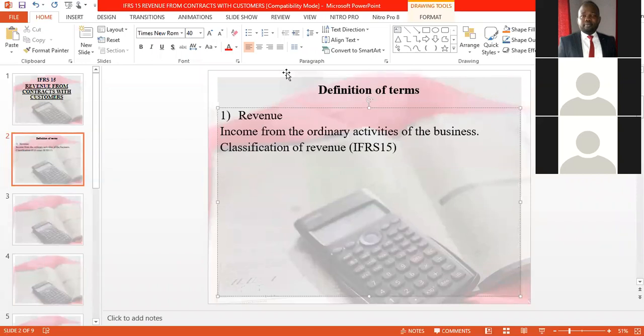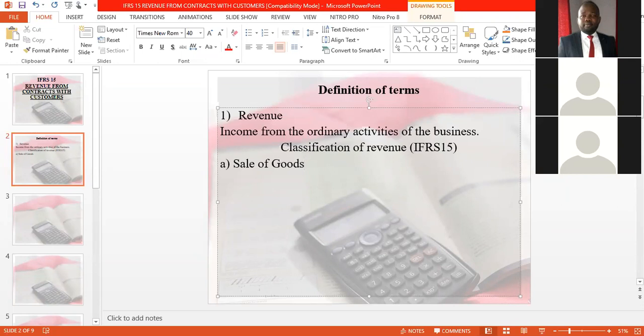So how do we classify this revenue? Revenue is classified into 3 groups. Classification number 1, or A, is revenue from sale of goods. This is not normally a problem. Sale of goods, you can identify that we earned 1 million from sale of goods.